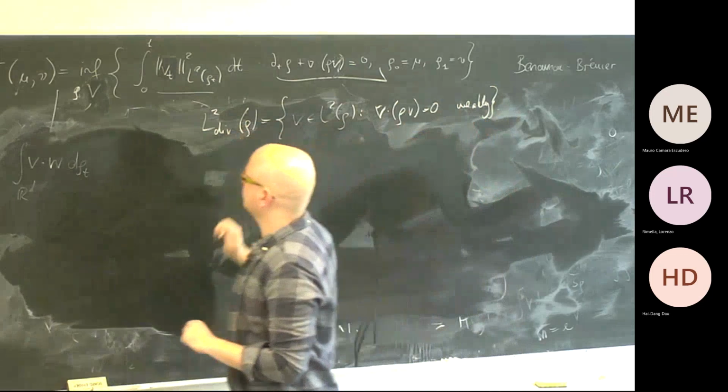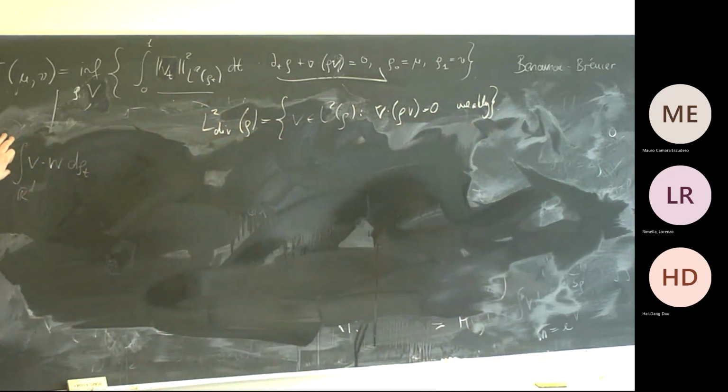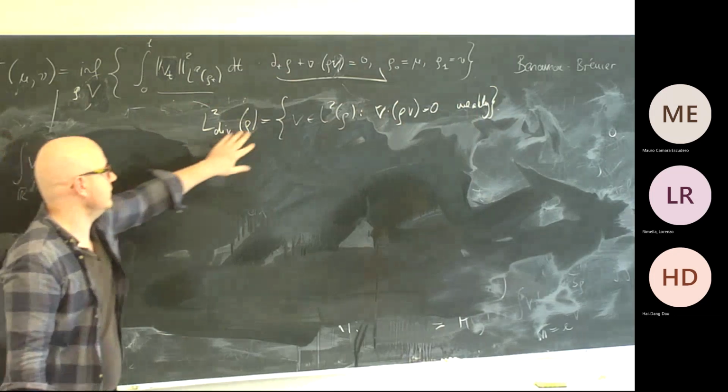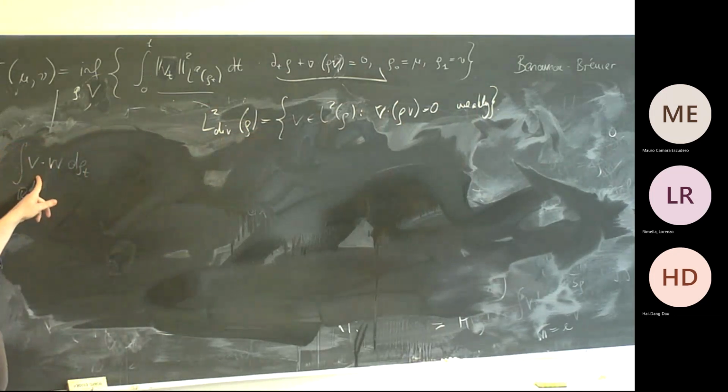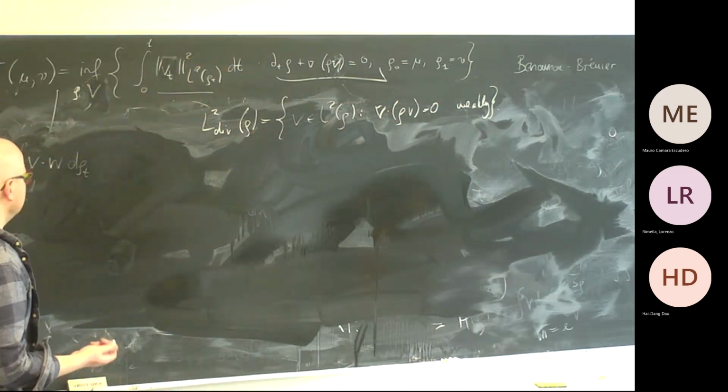We took the orthogonal complement of this with respect to this, and then we got the gradients here.